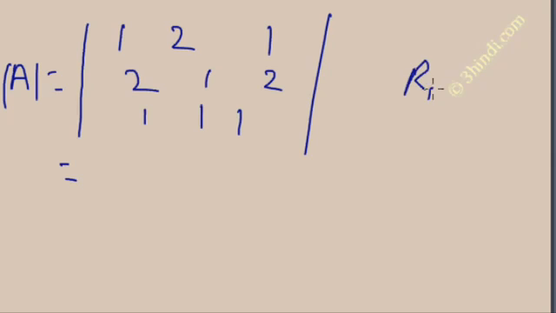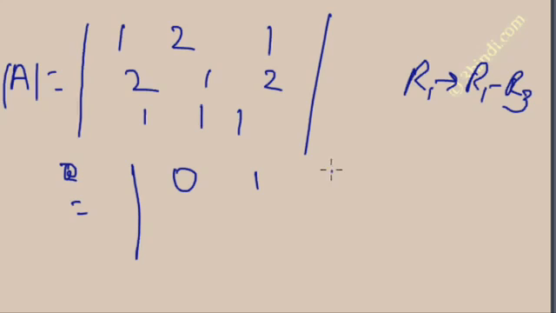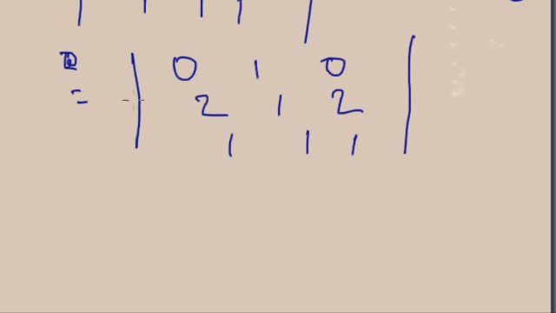R1 minus R3, what will happen? 0 1 0, 2 1 2, 1 1 1. So expanding along the first row, 1 into 1 minus 1 into 2 minus 2 into 1, this is equal to 0.